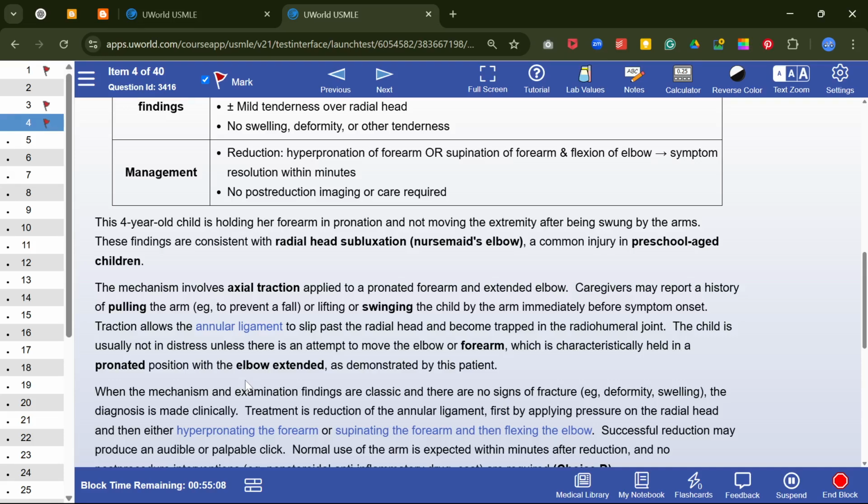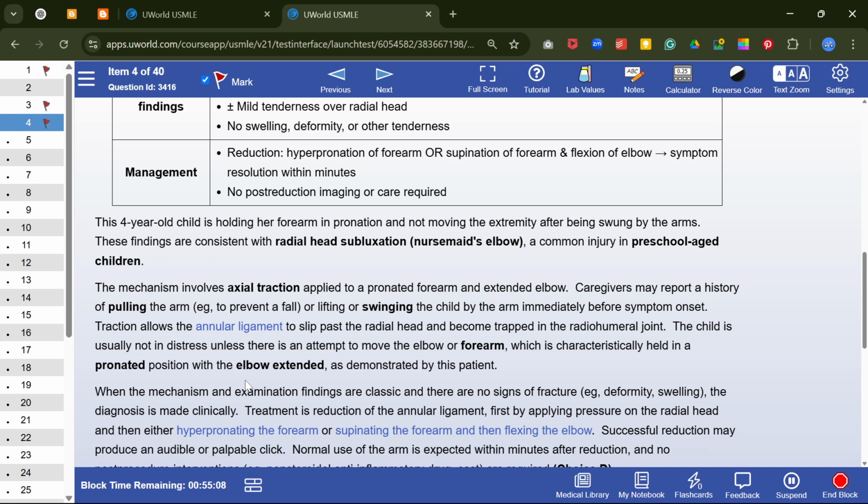This 4-year-old is holding her forearm in pronation and not moving the extremity after being swung by the arms.